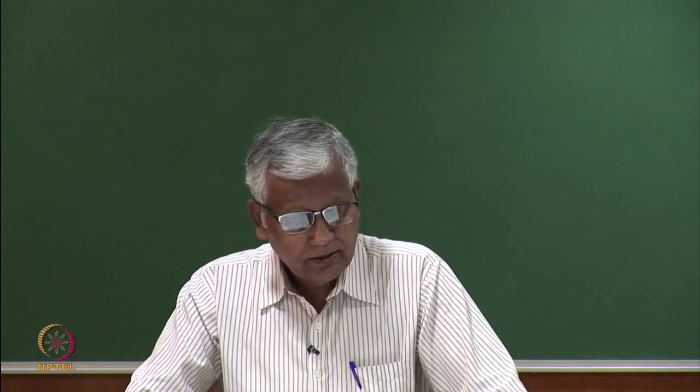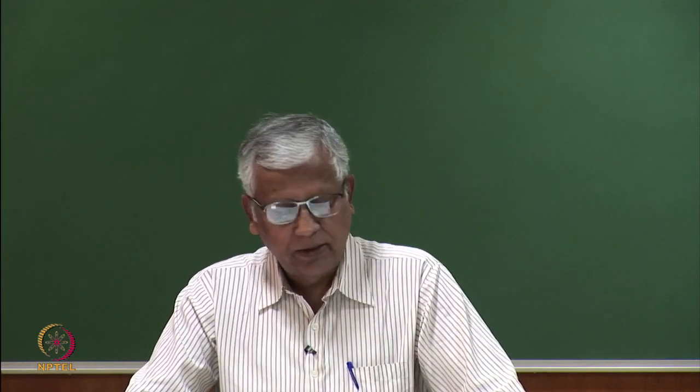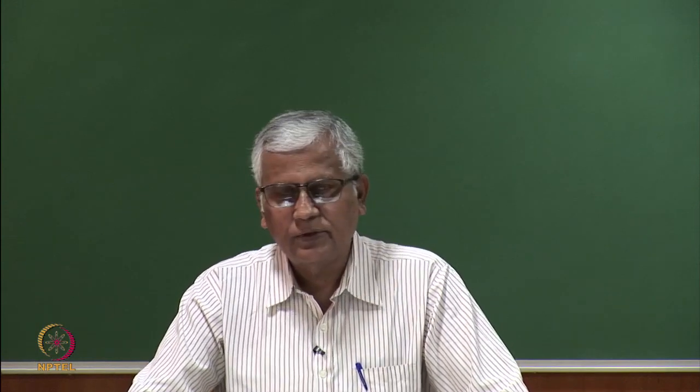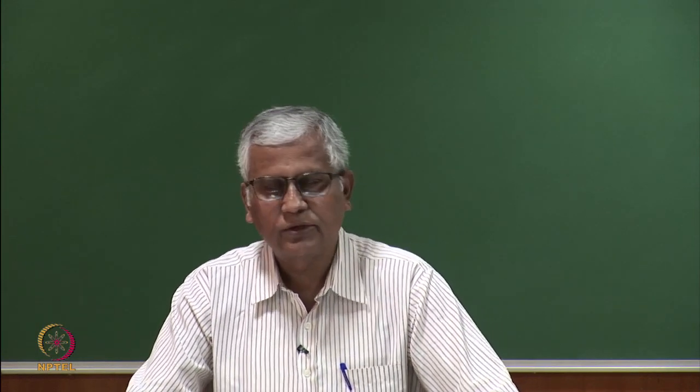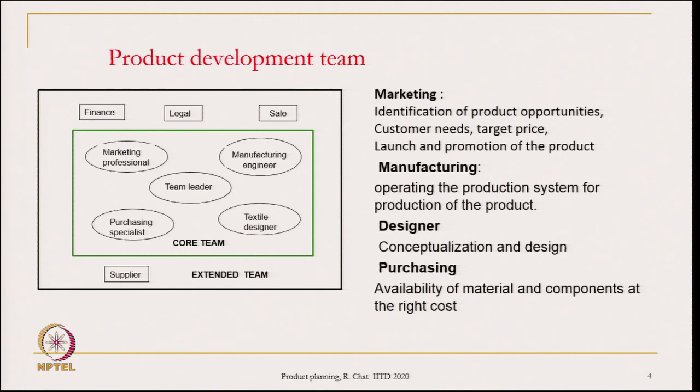That is why the suppliers could be part of the development team. So, you can see that so many people are involved in a design activity in an industrial setup.